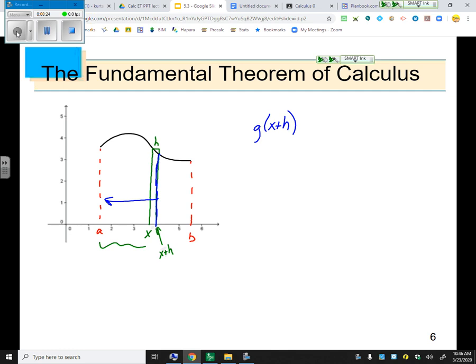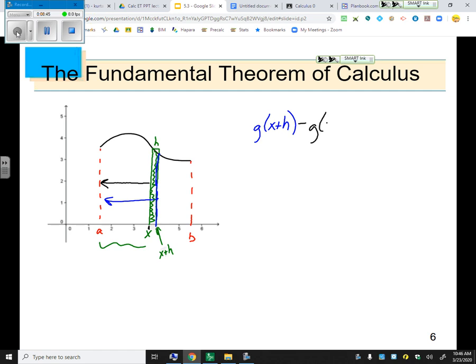But if I'm just wanting this skinny green part right here, I need to subtract off all the area going back. Oh, what color can I use? Let's go with this one. I need to subtract off all this area coming back from the left side of that approximating rectangle. Well, the area on that side, it just lines up with x right here.